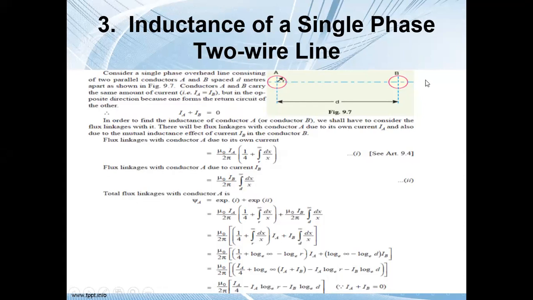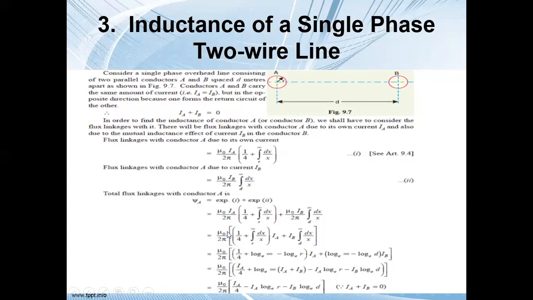No internal flux will be accounted from any external component. So the flux linkage with conductor A due to the current IB will be mu naught IB by 2 pi integration, with limits d to infinity, dx by x.